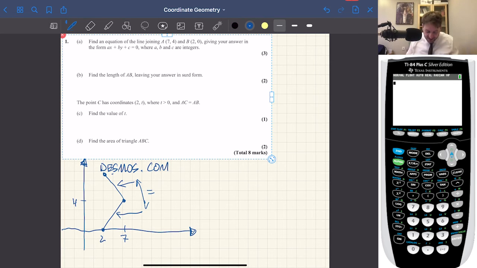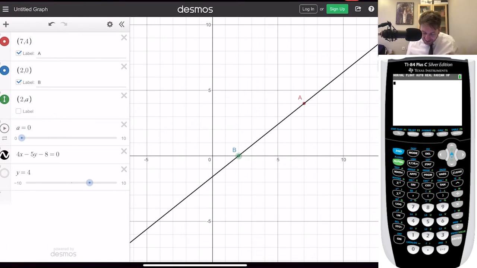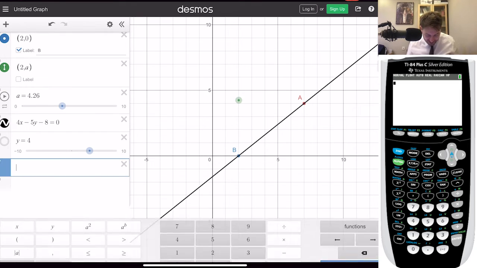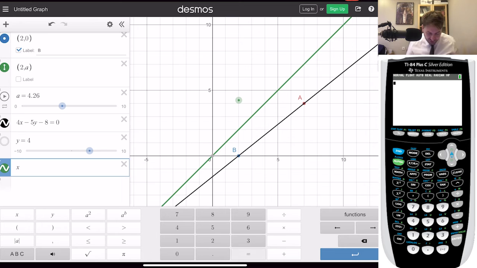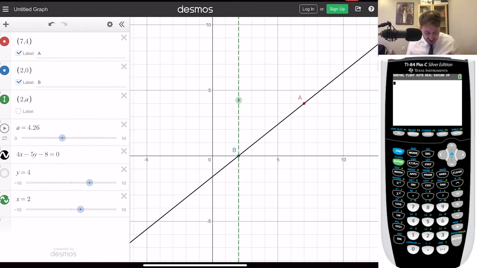So what does this mean? It means that this coordinate 2, t is on this line over here. I'm going to draw this line, x equals 2. So this coordinate is somewhere on this line.